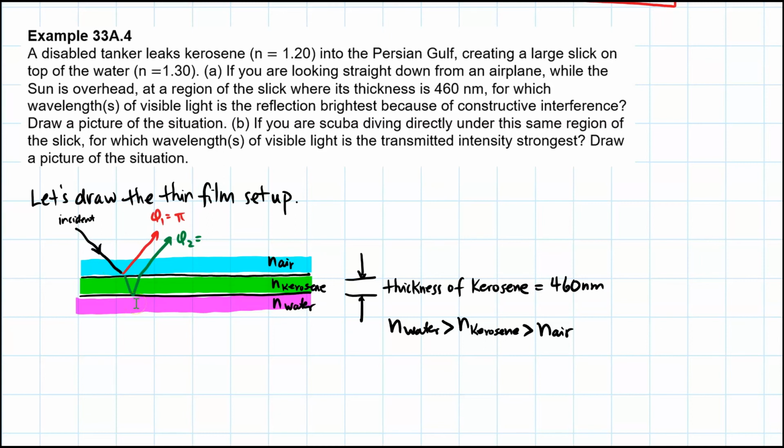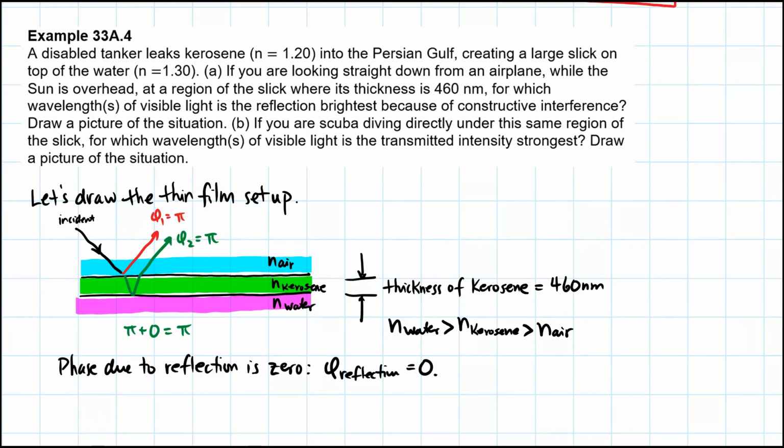That automatically gives me a phase of pi. And then I have the second boundary. I'm going from a higher to a lower. That gives me a phase of 0. So therefore the total phase of the second wave is then pi. In other words, the phase difference between these two waves is 0.